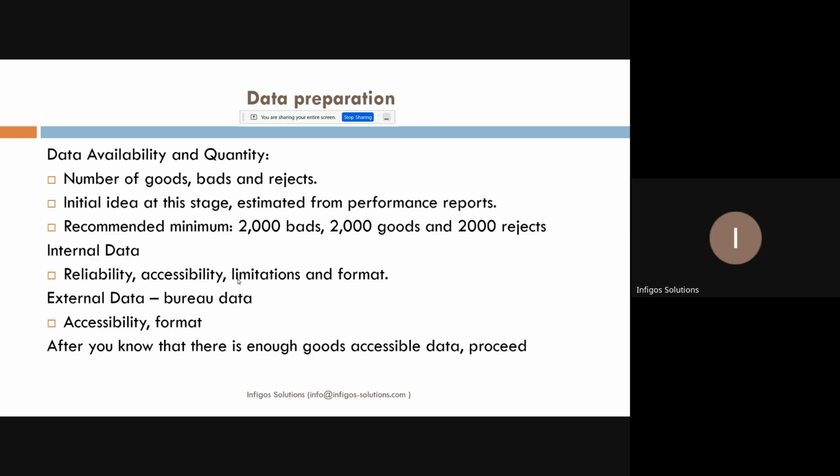Data availability, number of good and bad. Naeem Siddiqui says that you should have 2,000 bad, 2,000 good, 2,000 reject. And you should have as much internal data as possible, as it's more reliable. Sometimes you need to outsource the scorecard to a third party.